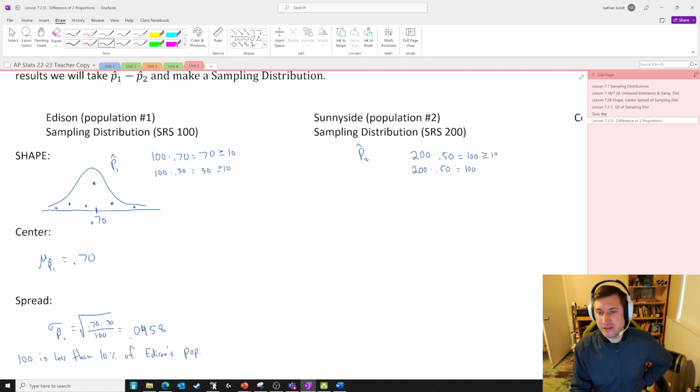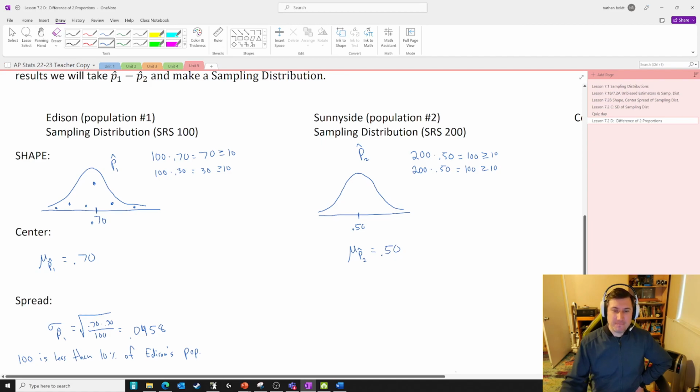Which is greater than or equal to 10. So we know the shape of their sampling distribution is also normal. Yay! We know their center is at their parameter, which is 50. The mean of all of Sunnyside's p-hats is equal to their parameter.